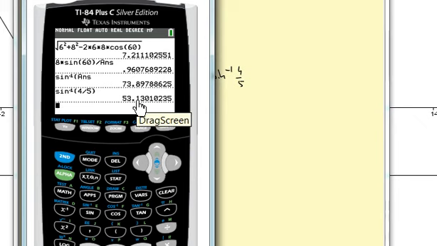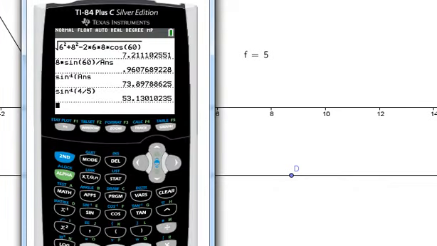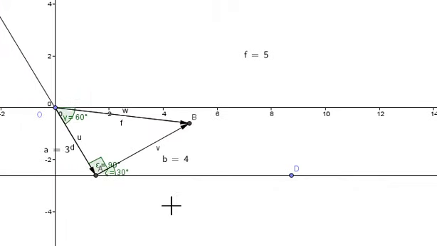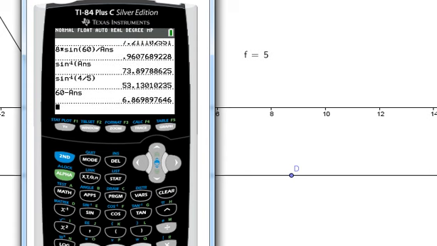We'll have to subtract this value, 53 point something, from 60 to get the direction of vector W. So 60 minus whatever is in ans, and the ans gives us the solution.